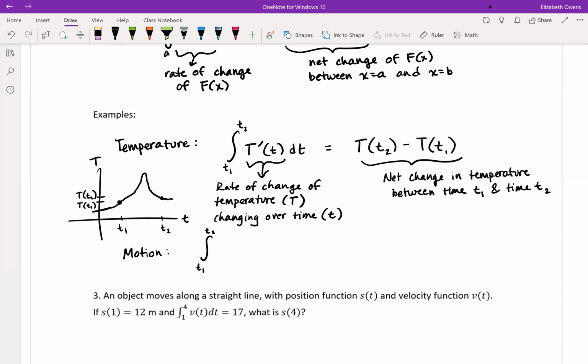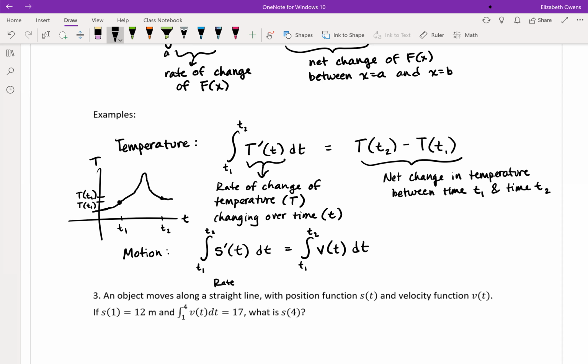So let's look at a rate of change of position, s prime of t dt. But we know that the derivative of position is velocity, so you could integrate your velocity function. That would mean the same thing.